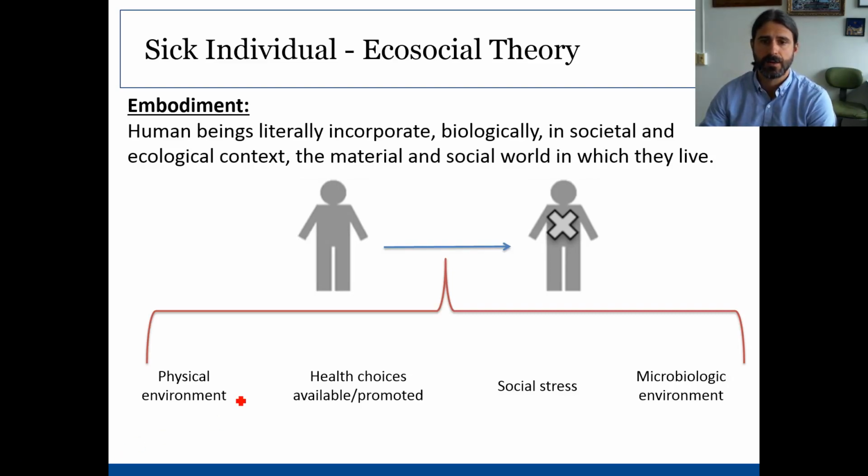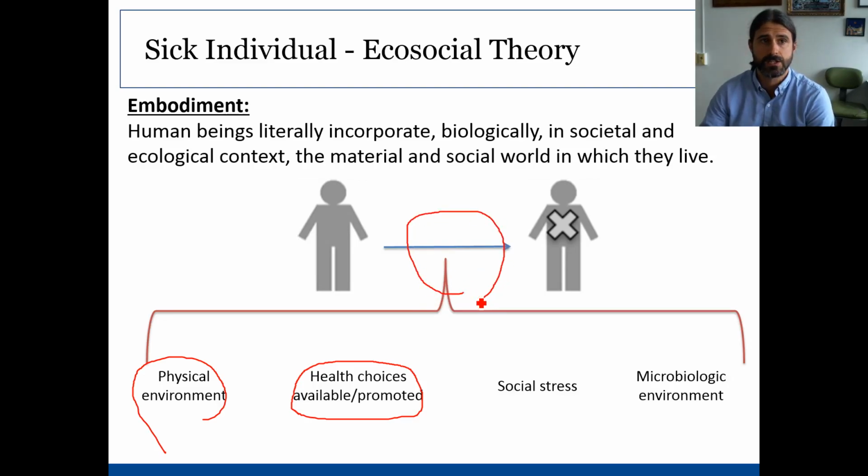Essentially, what the diagram is showing here is that the physical environment, other parts of the environment, and our behavior are all incorporated physically into the human being in terms of altering gene expression and also altering physical human states to produce the final phenotype.